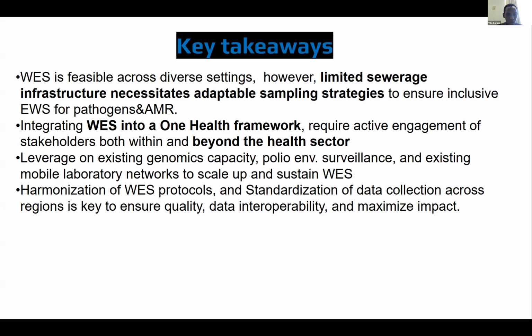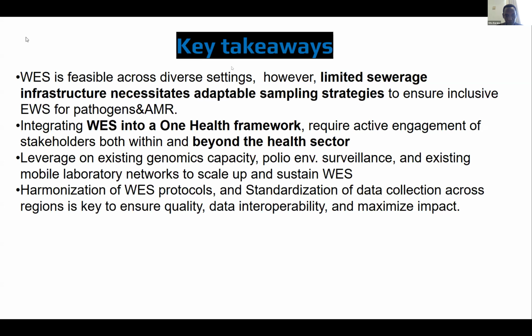And we have to capitalize on the One Health approach within the countries and also engage stakeholders beyond the health sector, because most of the time we work within our silos, but for wastewater surveillance to run efficiently, there are other actors and stakeholders beyond the health sector that need to be engaged within the One Health framework.